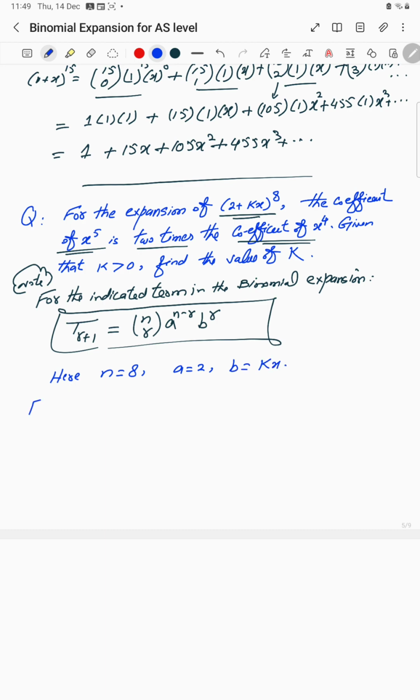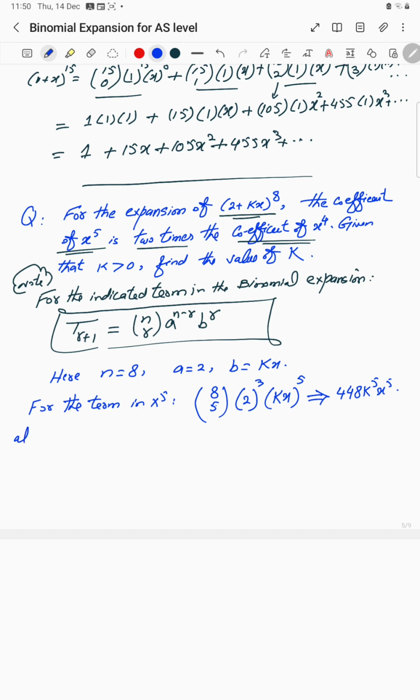So for the term in x^5, first step, it will be 8C5, a is 2 raised to power the difference of 8 minus 5, which is 3, and (kx) power 5. With the help of a calculator, once you solve it, we will get 448 k^5 x^5.